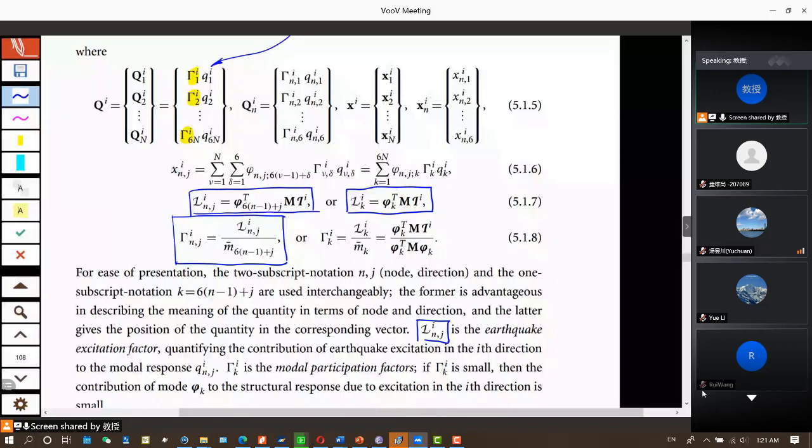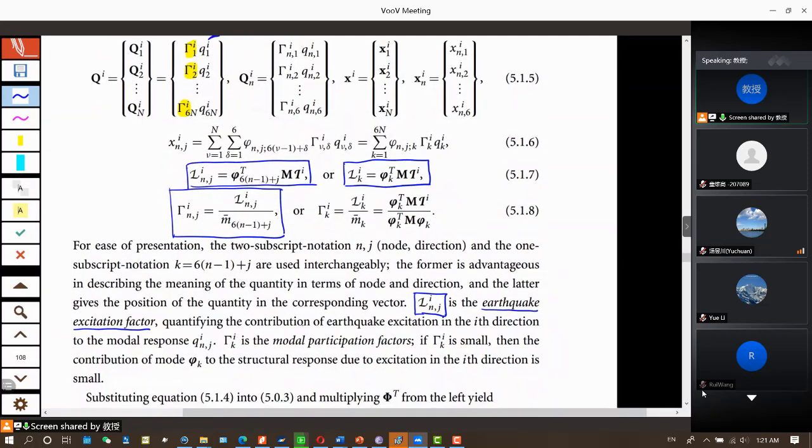Now here we have two notations. One is nj, one is k. nj is the two-subscript notation. n stands for node, the n-th node. j is the direction, so nj is node and direction. Or we can use the one-subscript notation, k.